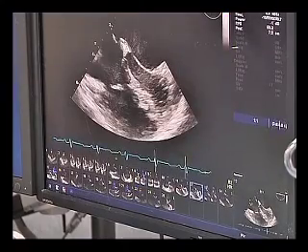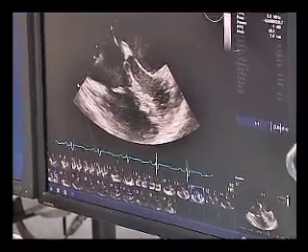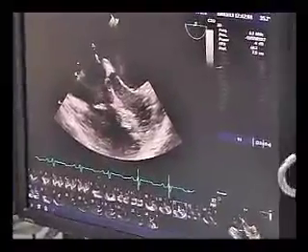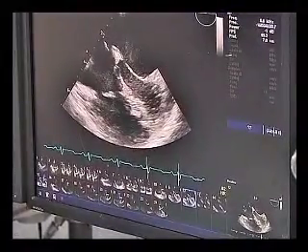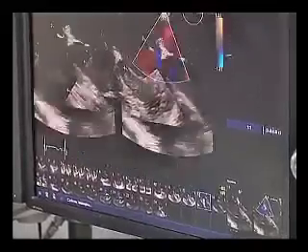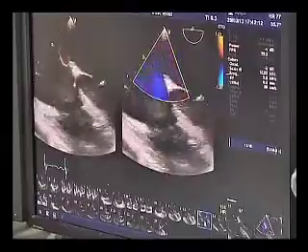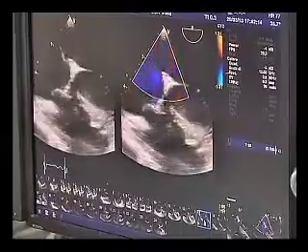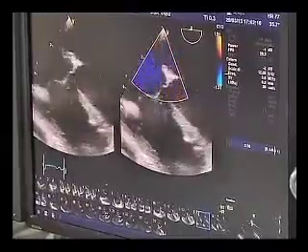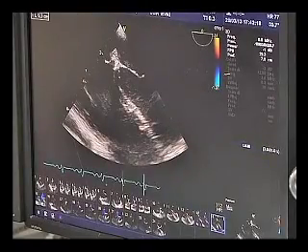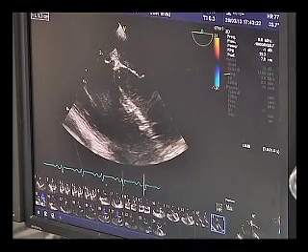And again, a shunt in inferior position near the AV valve, that seems to be a mild shunt. We will see that with the balloon we are very near to this shunt, so we hope to be able to close this shunt also with the prosthesis.